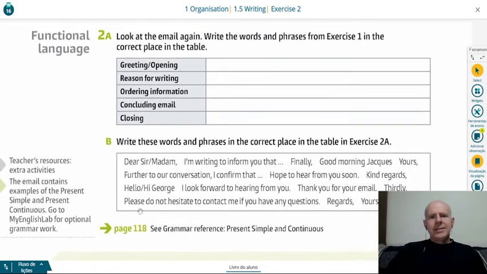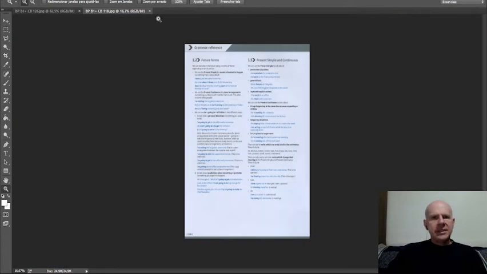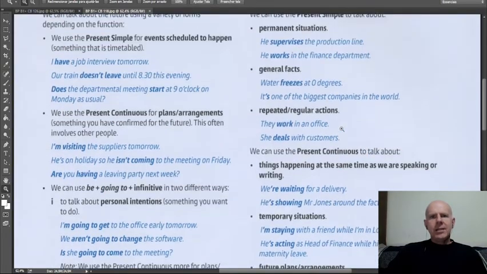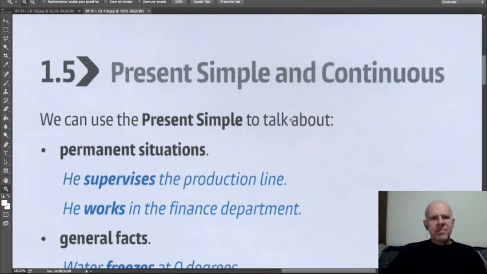Well, let's see some grammar, present simple and continuous. We have it here, not here, but here. Present simple and continuous. How do we use them? Let me show you in more depth. We can use the present simple to talk about permanent situations.